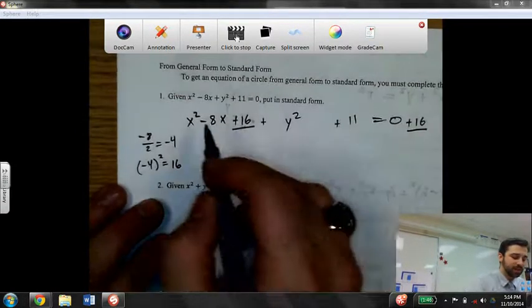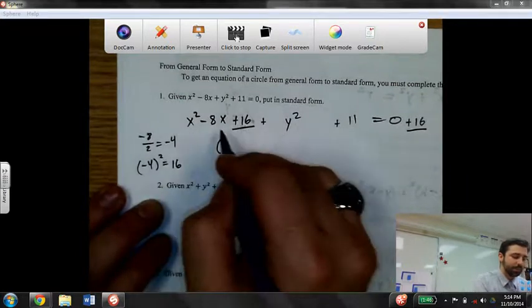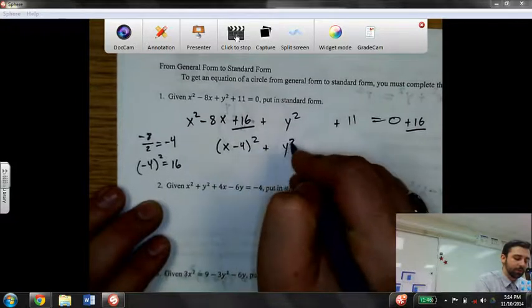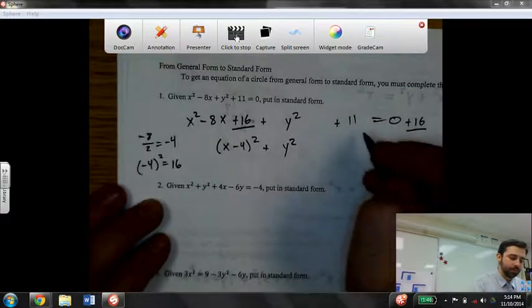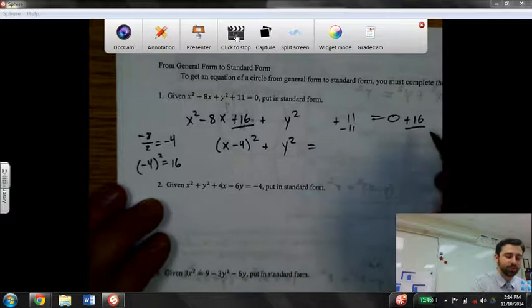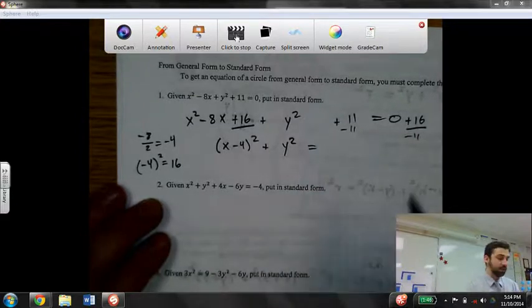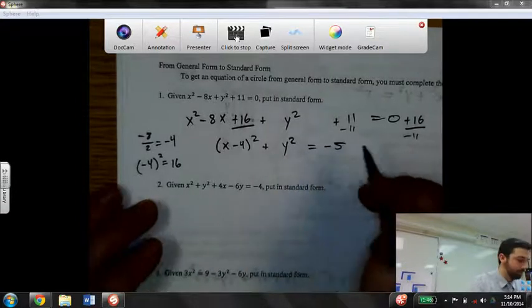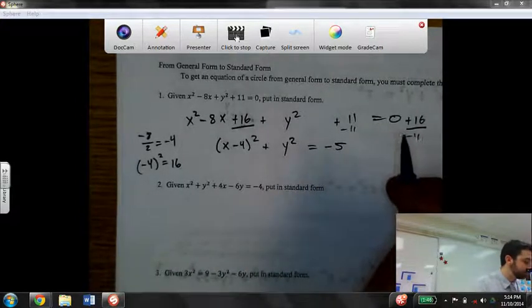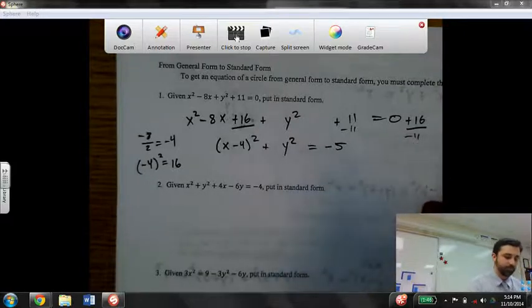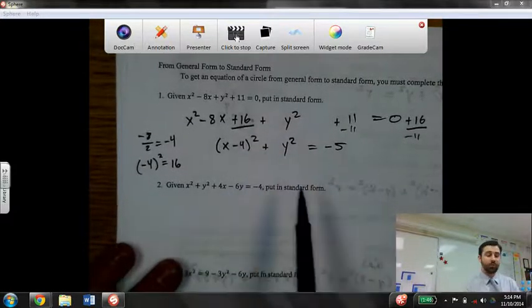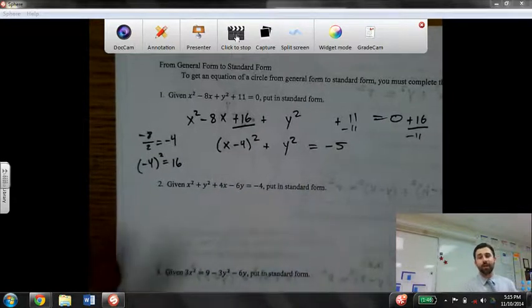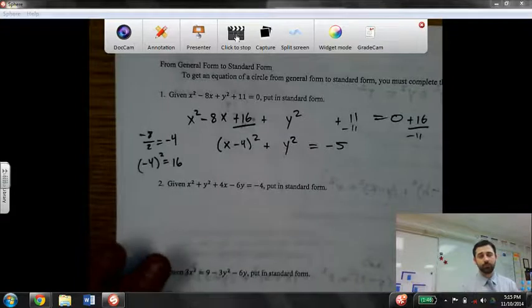And so from here, I'll be able to simplify and get x minus 4 squared plus y squared is equal to, and I'm going to subtract the 11 on both sides so that I get -5. And notice it says put in standard form, so I would have just x's and y's over on the left-hand side and then the radius squared on the right-hand side.